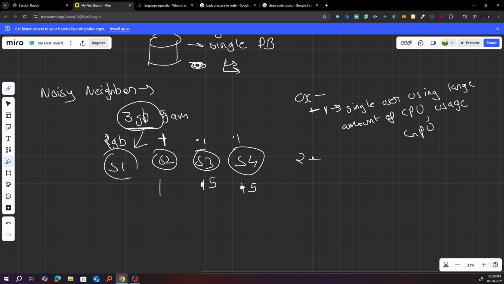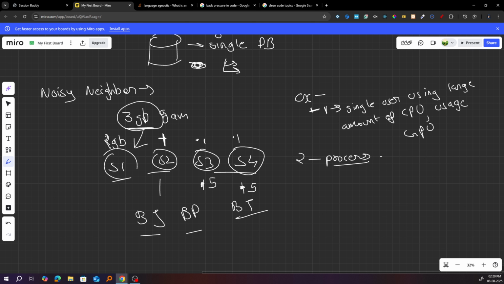Okay. The second example can be one process on a shared server utilizing a large amount of input output, causing other processes to experience slow input output and increased latency. And now this can also be related to processes, as I said. These were the services, the actual background jobs or background processes. You can say background tasks. Okay, whatever.